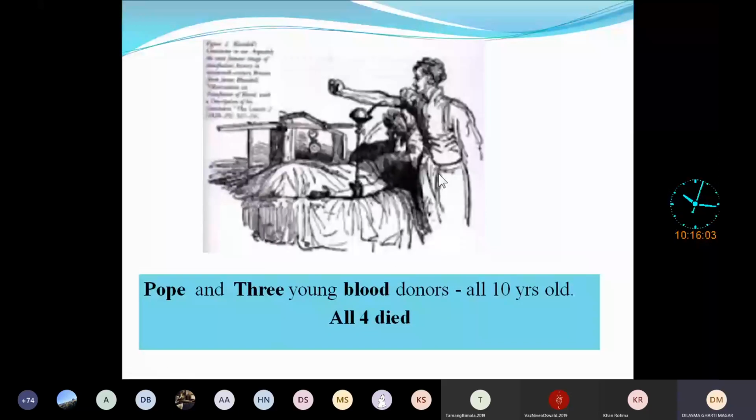So he was transfused more blood, and moreover the ABO blood group system was not there and grouping was not done. So the Pope got more blood from different persons, and from these boys also, more blood was removed from their bodies, and that's why all four of them died. So it's interesting, isn't it?